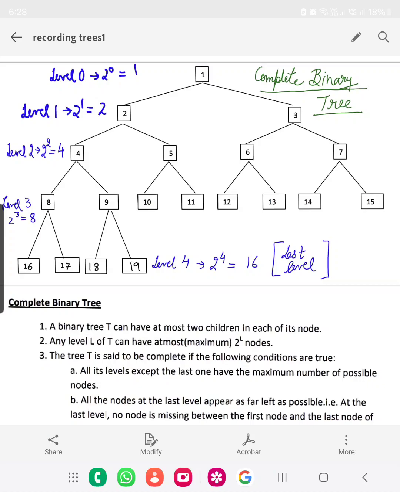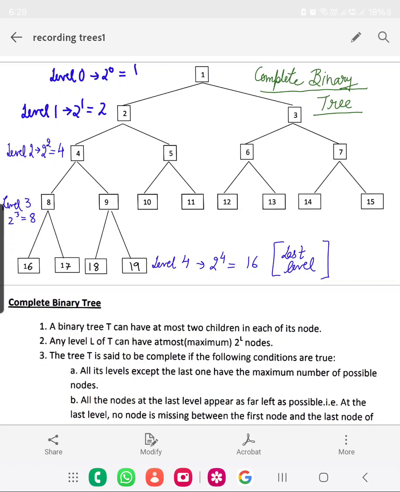So let's look at level 0. 2 raised to power 0 is 1, so it has 1 node. Let's look at level 1. 2 raised to power 1 is 2. It has 2 nodes, which are 2 and 3 respectively. Level number 2 has 2 raised to power 2, 4 nodes, 4, 5, 6 and 7. Level number 3 has 8 nodes, 2 raised to power 3 equal to 8.